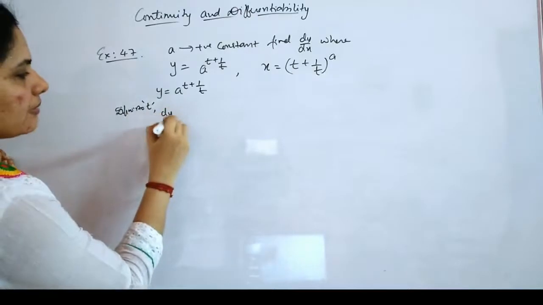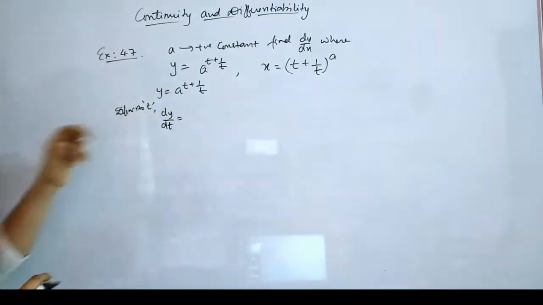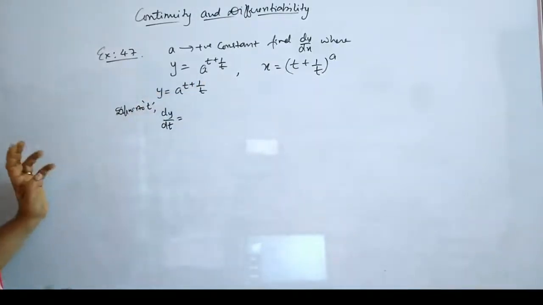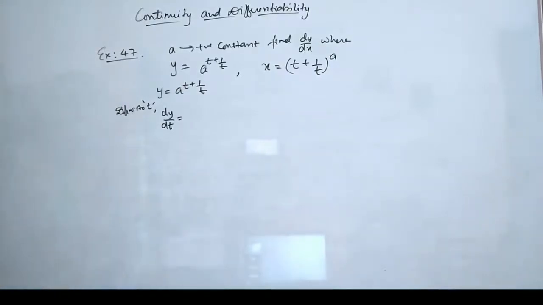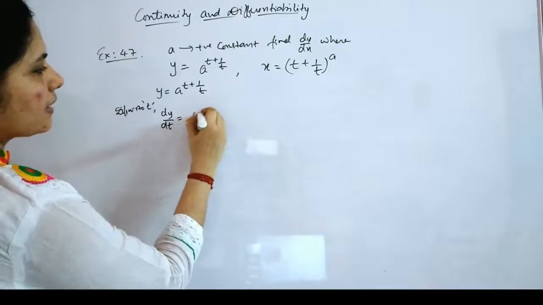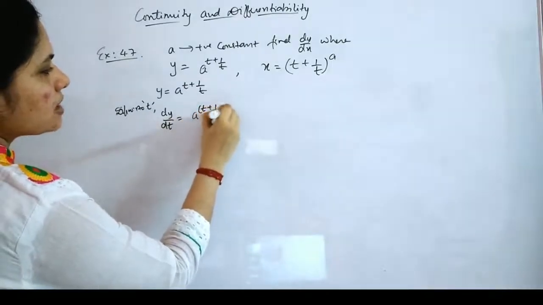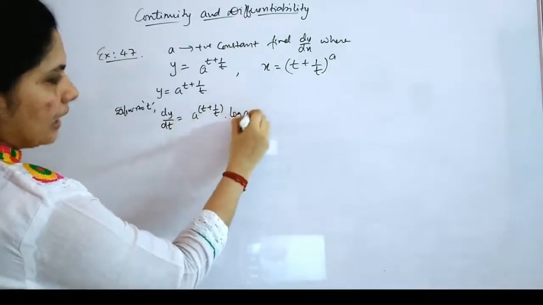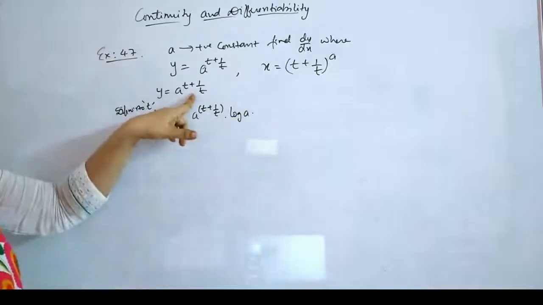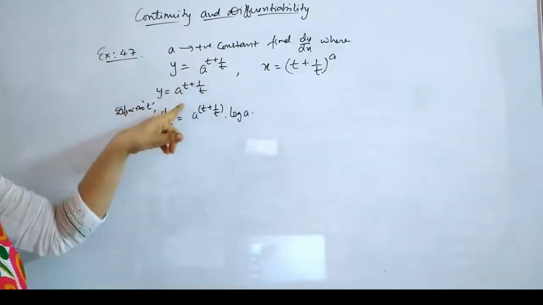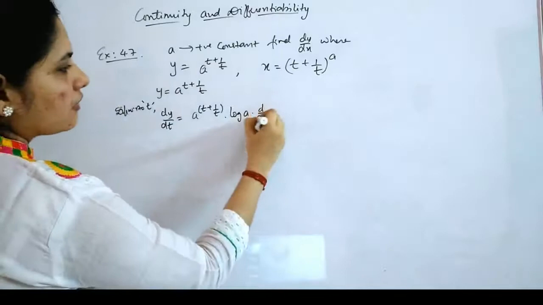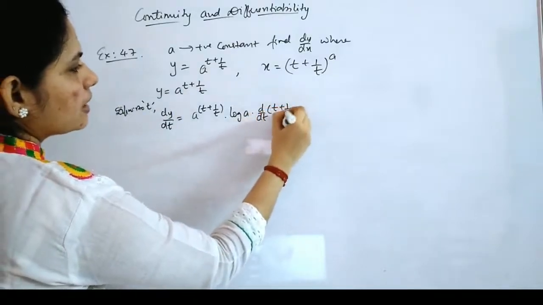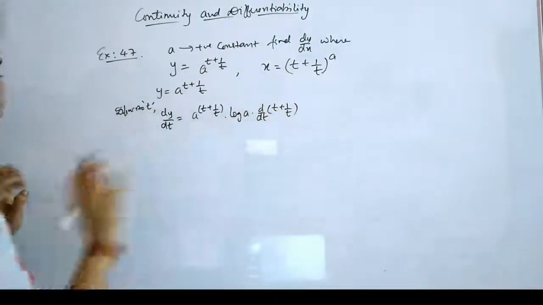So this will become dy by dt. Now it is in the form a raised to x, and the derivative of a raised to x is what? A raised to x into log a. So here you will have a raised to t plus 1 by t into log a, but since it is not x, you have to write the derivative of this part also. That is, you have to write the derivative of t plus 1 by t also together with the derivative of a raised to x.